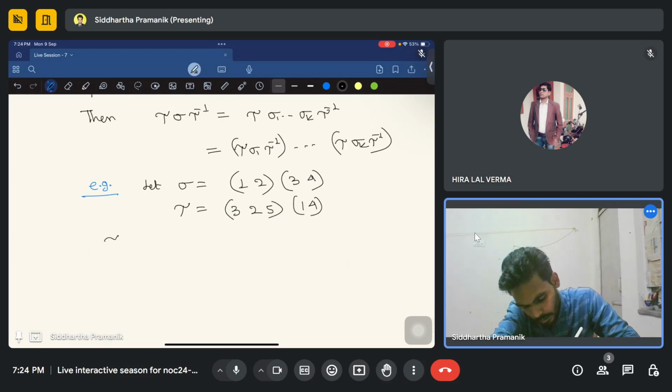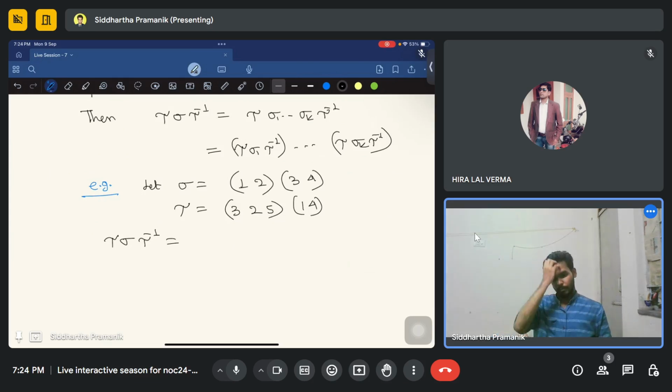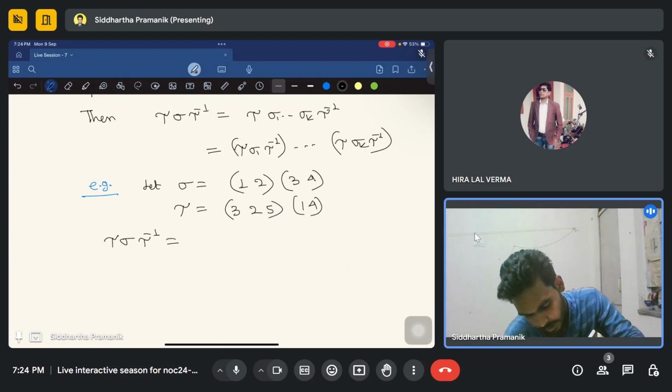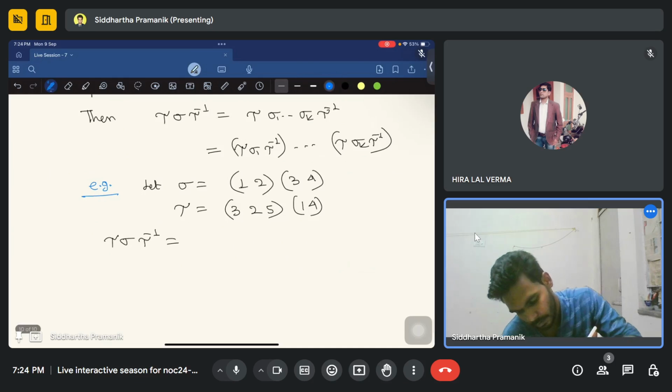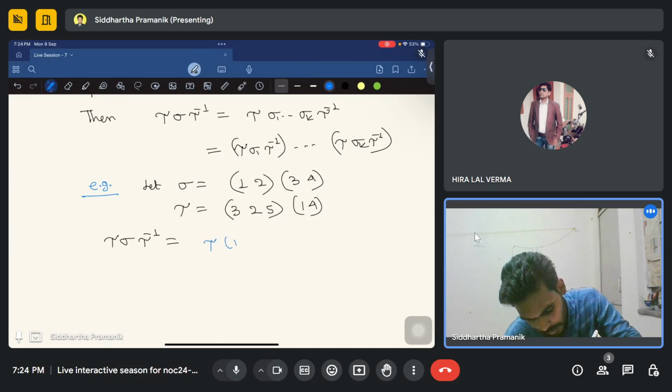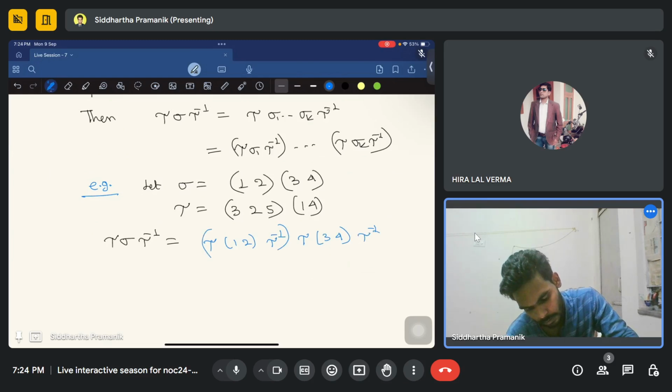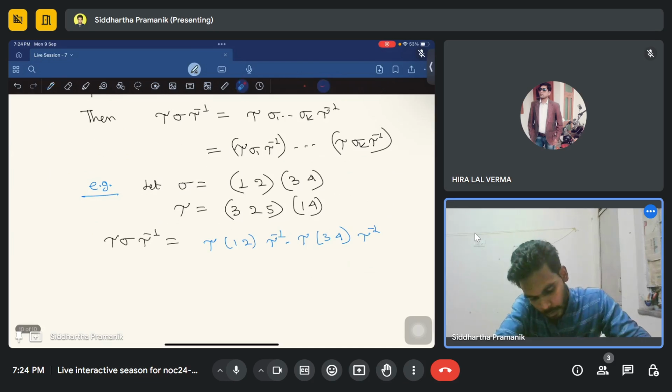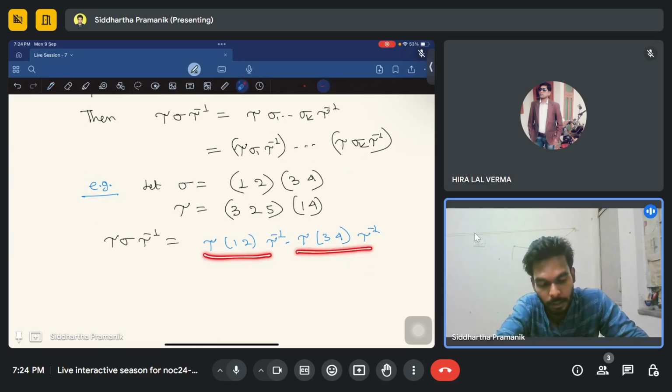So what is tau sigma tau inverse? So it is tau the cycle (1 2) tau inverse, again tau (3 4) tau inverse. So it is also a two cycle, it is also a two cycle.